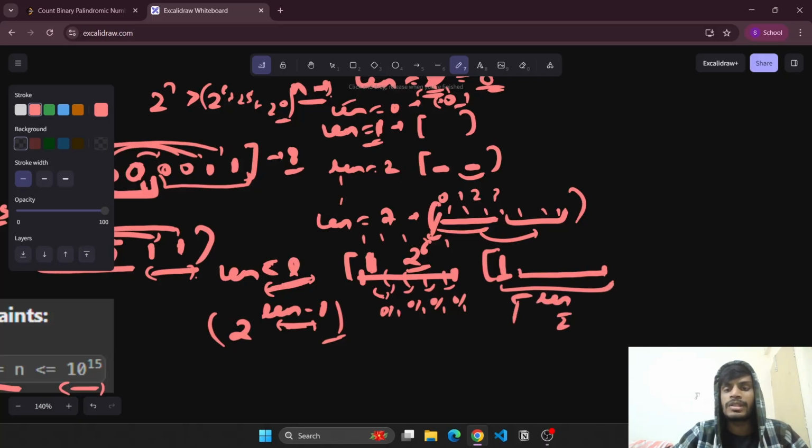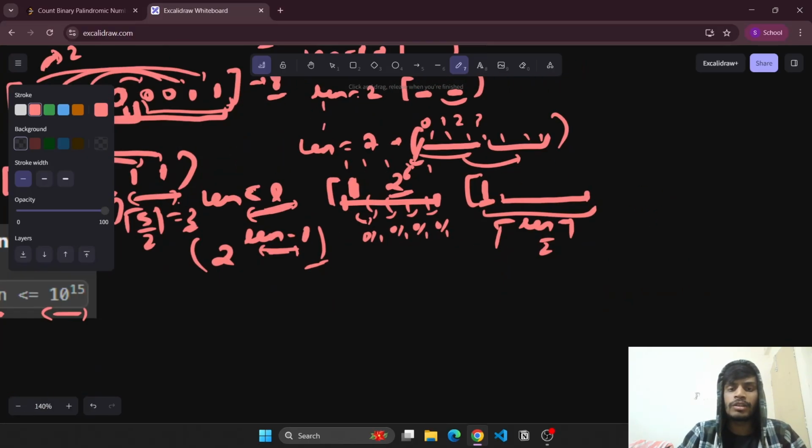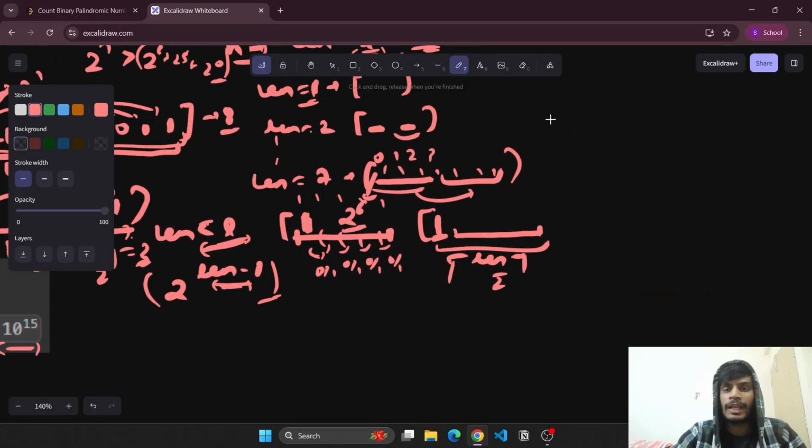This length by 2 is sealed, that is ceiled, to account for the odd case as well, because 5 by 2 ceil is 3. So in this case the maximum that we will get is 1 1 1, and even if we mirror it to 1 1 1 1 1, it will still be less than the value represented here.